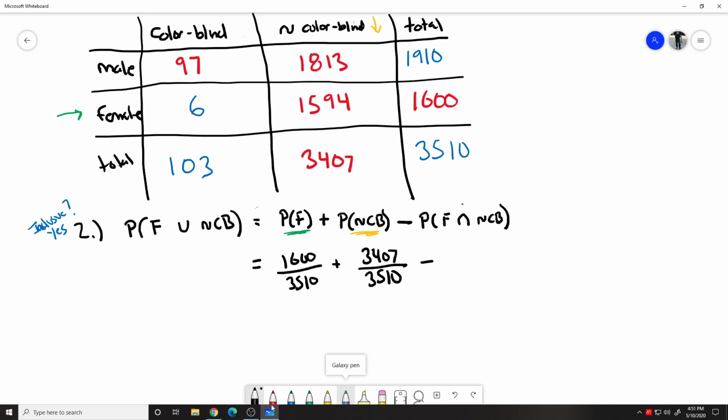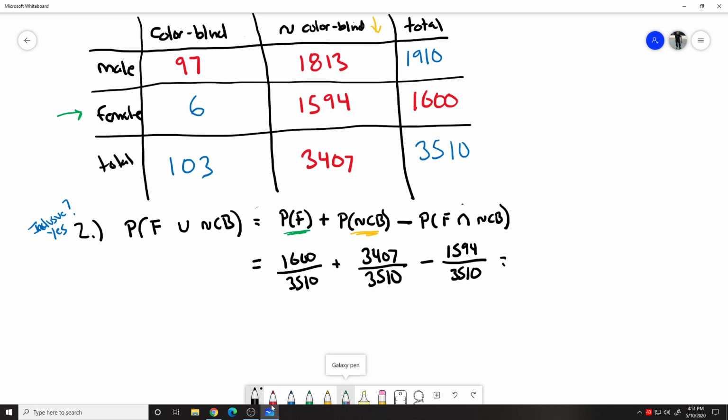Then I'm going to take away the cell where they overlapped. They overlap at female and not colorblind, the cell right in the dead middle of the table. That's 1,594 over 3,510.